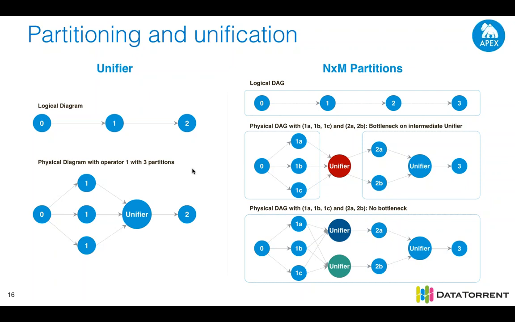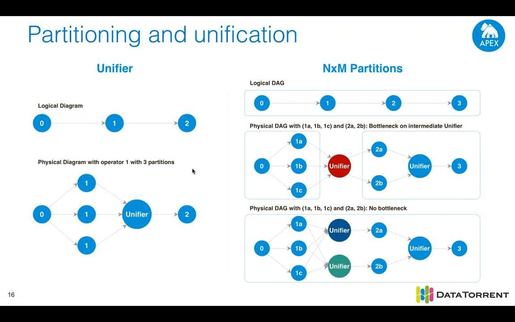In practicality, you may actually need multiple partitions. So in this case, operator 1 is partitioned into multiple instances, and the data from operator 0 is being split. Now, how this partitioning happens and how you can control it, I'll come to next. But here it's just showing you that it is possible.